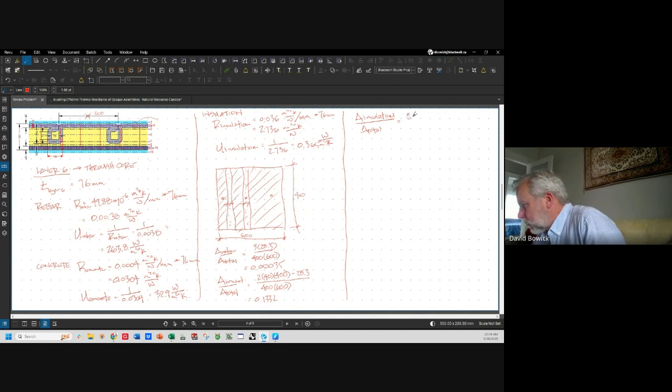Equals 600 minus 2 times 40 times 400 minus 2 times 28.3. So we take the total area, we subtract the 2 vertical strips and the 2 bars that go through the insulation.